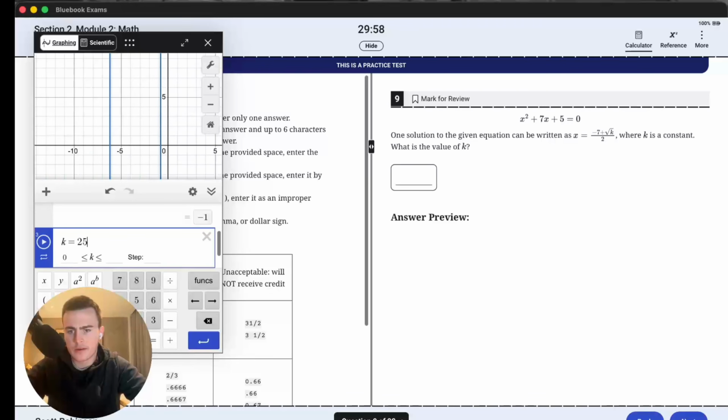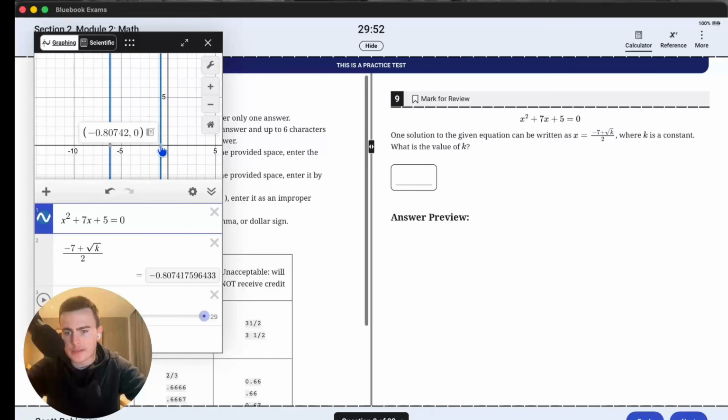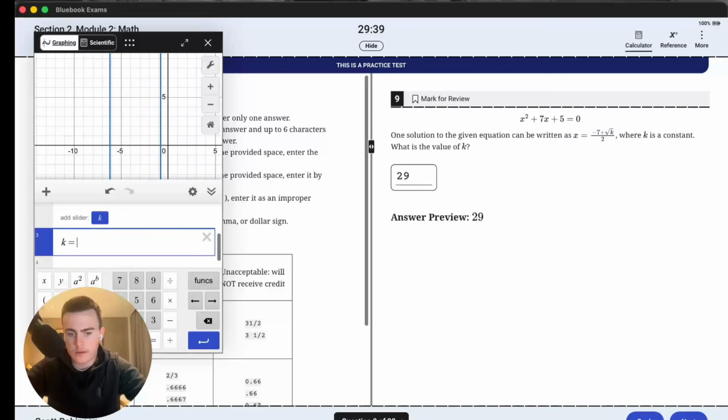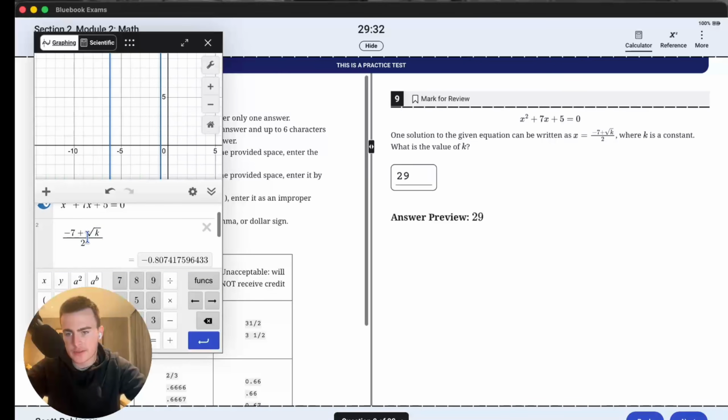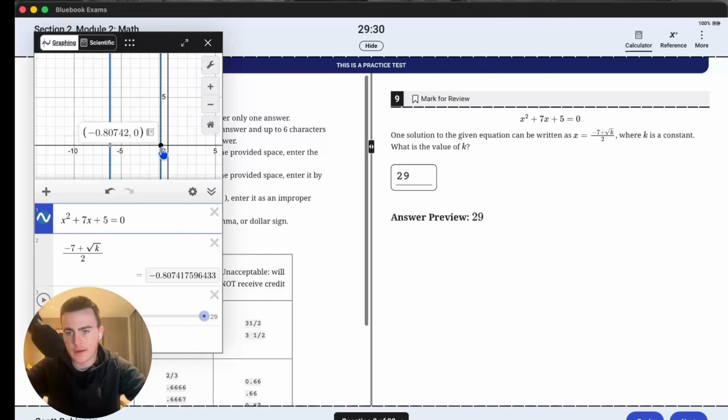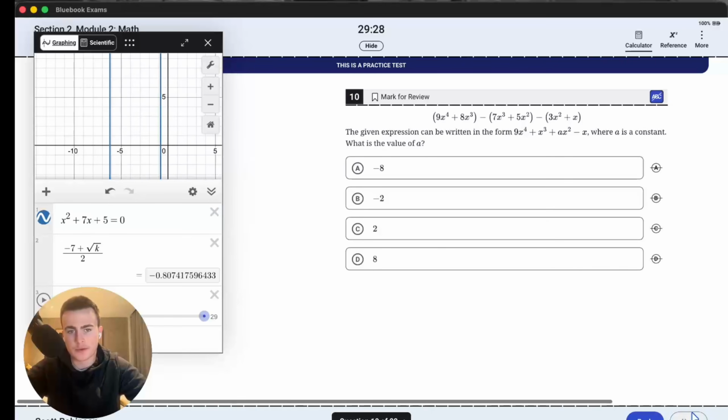Does it ever get there? Oh, it does. Okay, never mind. We're fine. 0.8742. So it would just be 29 now. Yeah, it's just 29, because now this thing is the same as that right there. And k is 29. That's pretty simple.